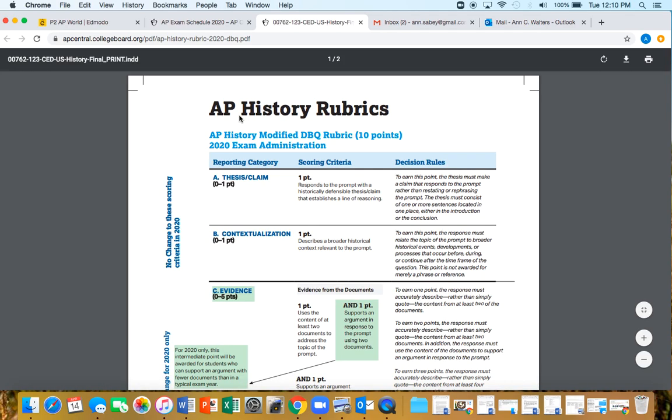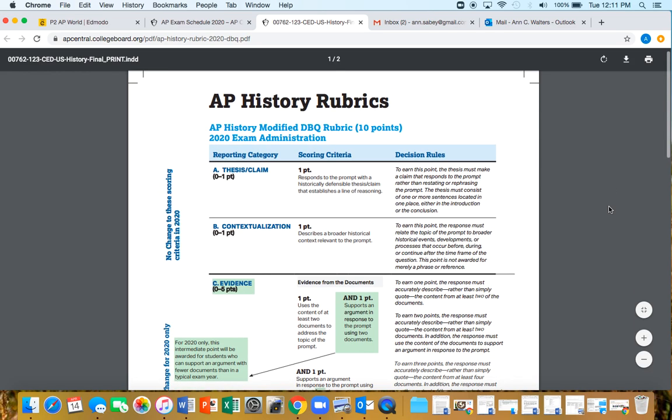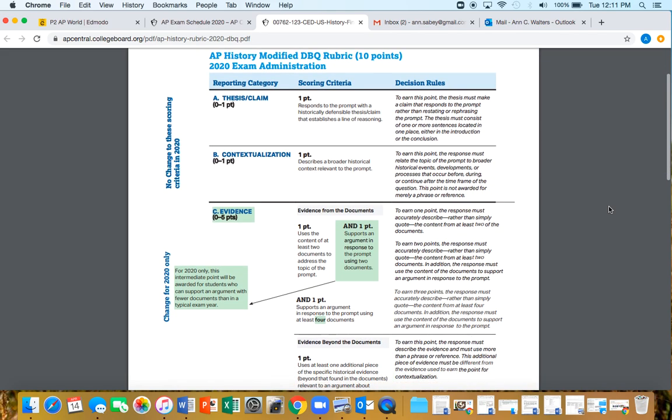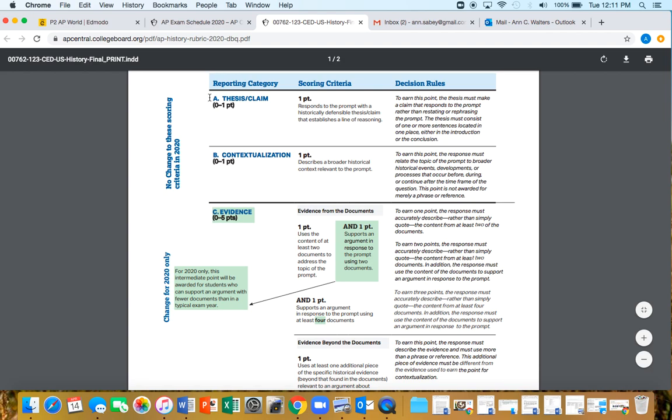So let's look at this rubric because they said it was simplified, but what it is they are giving you extra points for doing a little bit of extra work because they reduce the number of documents that you have to use. So let's look at the points that have not changed. Thesis.